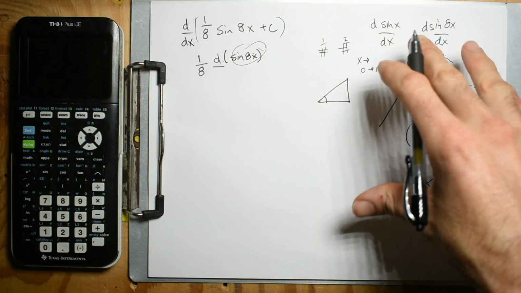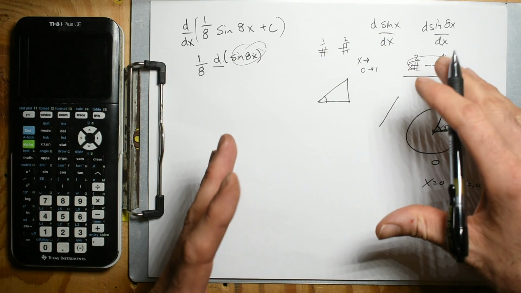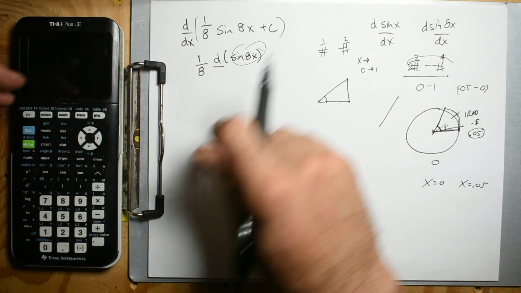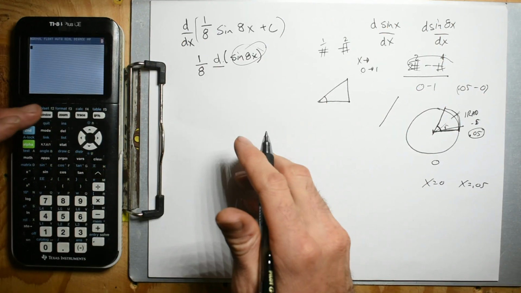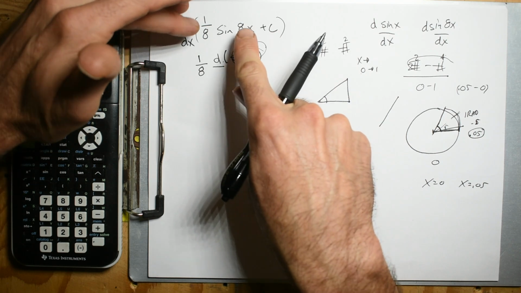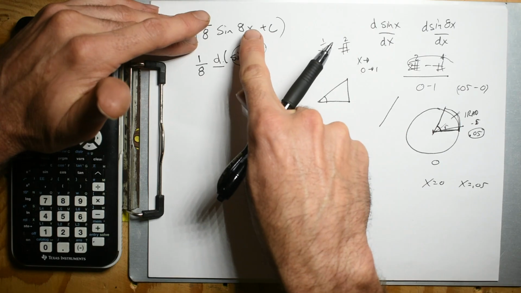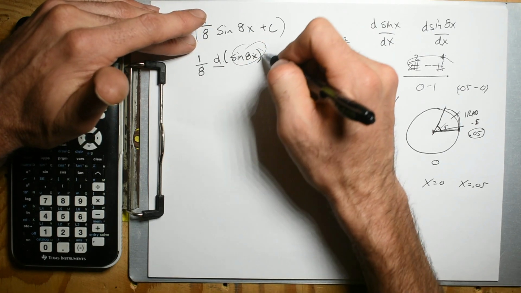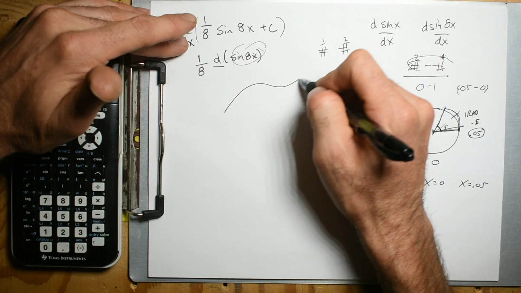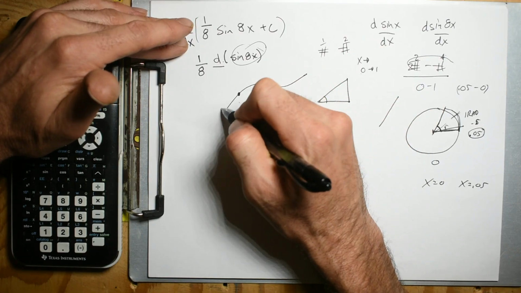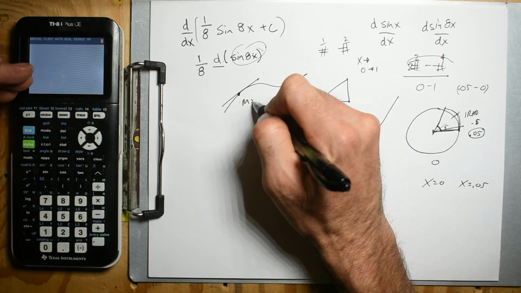Like I said, at the end of this video, I am going to double check these with the calculator, because this equation should have, for every value of x, a slope. So if I have this equation, it looks like that. I'm going to go right there and then use my solver to find the slope.